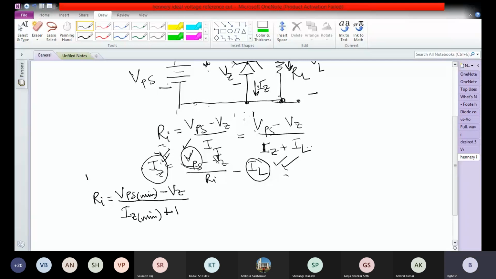So this is one condition for Ri, that is Vps min minus Vz when Iz is also minimum and when IL is maximum.